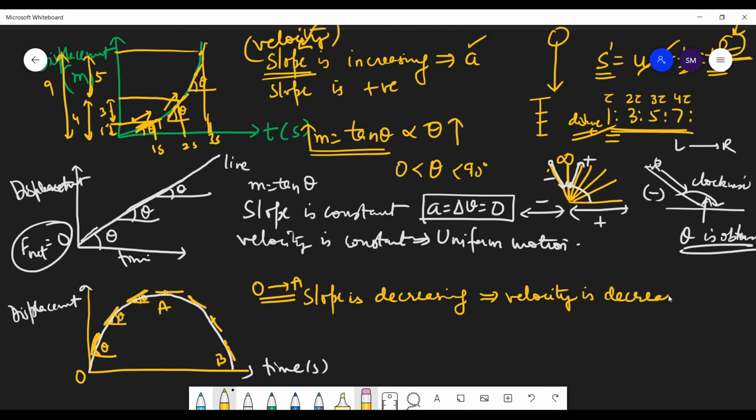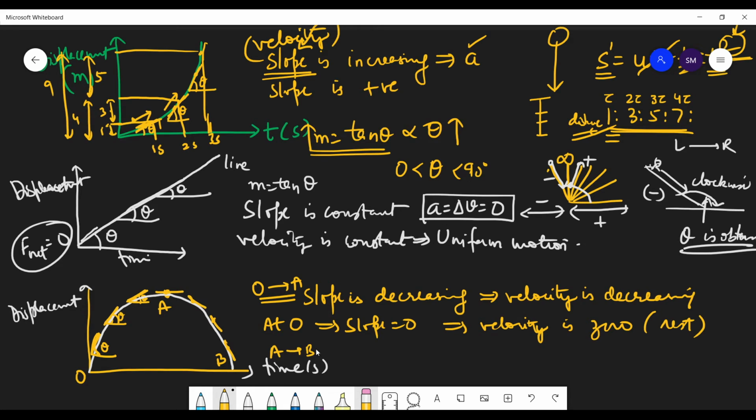And then here, what is the slope at point A? Zero. Slope is 0. So it means velocity is 0, means the object is at rest. Then from A to B, what is the slope? Sir, increasing.